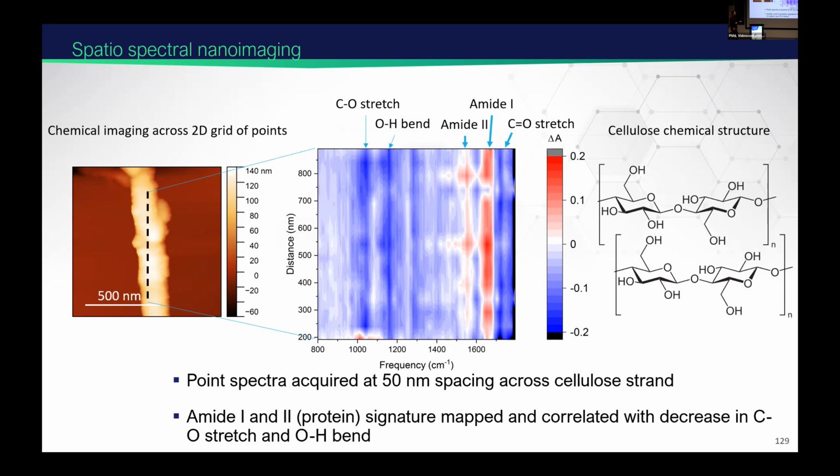Looking at the chemical structure of cellulose, we're looking at different interpretations of these spectral signatures, but the potential idea is that we're splitting these bonds between the glucose units, creating a CO double bond.